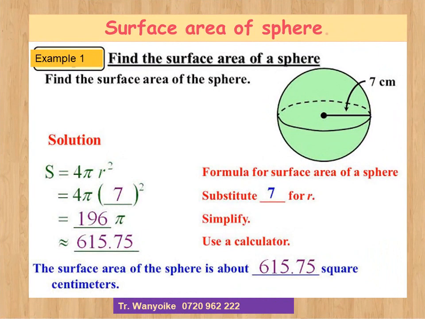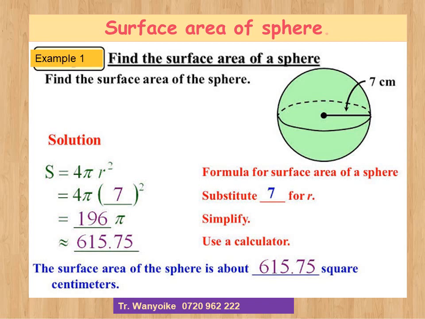Example 1, you're told to find the surface area of the sphere shown in the diagram. The sphere has a radius of 7. We have said the formula for getting the surface area of a sphere is 4 pi r squared. In this case, the radius is 7.